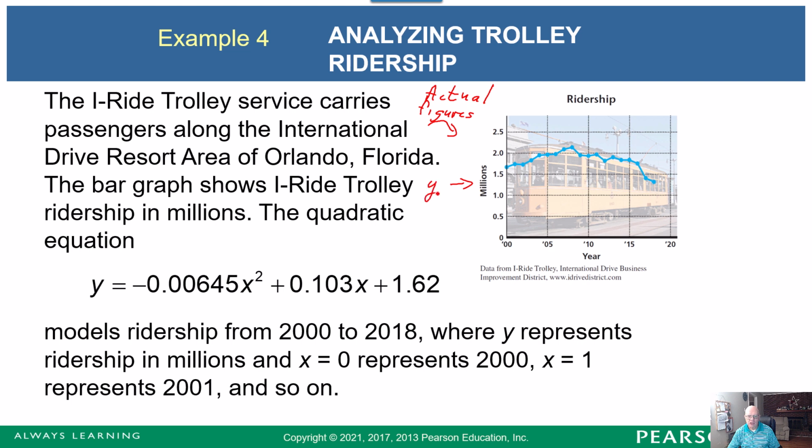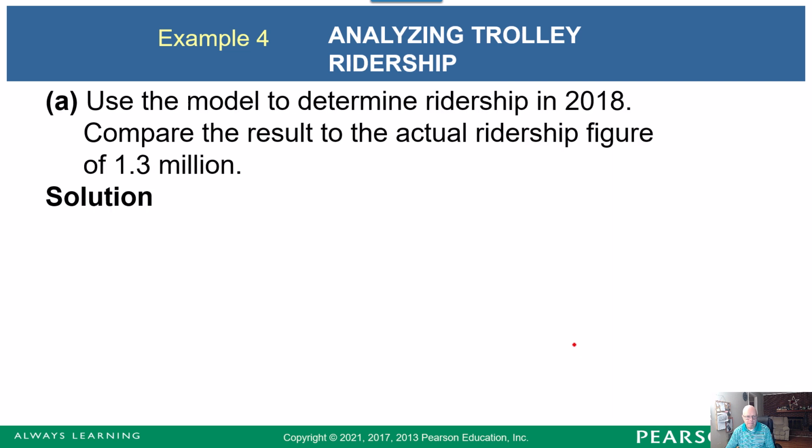y is the ridership, and x down here represents years, and it says down here it's the years from 2000 to 2018, so we're going to let x equals 0 represent the year 2000, 2001 will be represented by x equals 1, and so on.